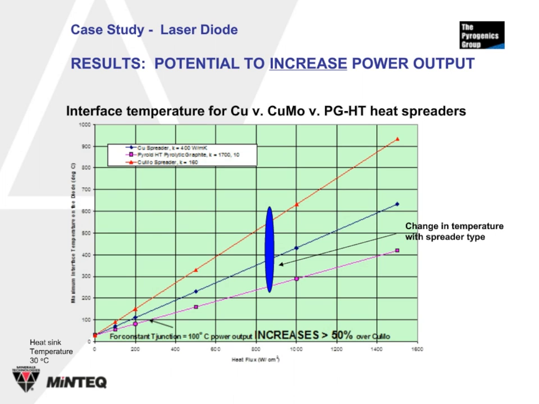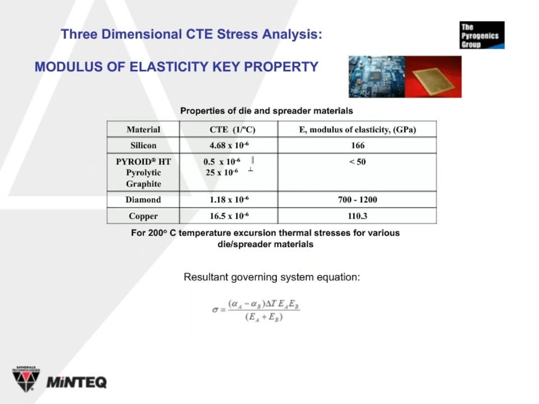So while we've talked about the thermal management characteristics of Pyroid HT pyrolytic graphite, I also like to leave you with a couple of other physical properties that are very important for the lifetime of this product and its ability to be utilized in severe thermal cycling applications.